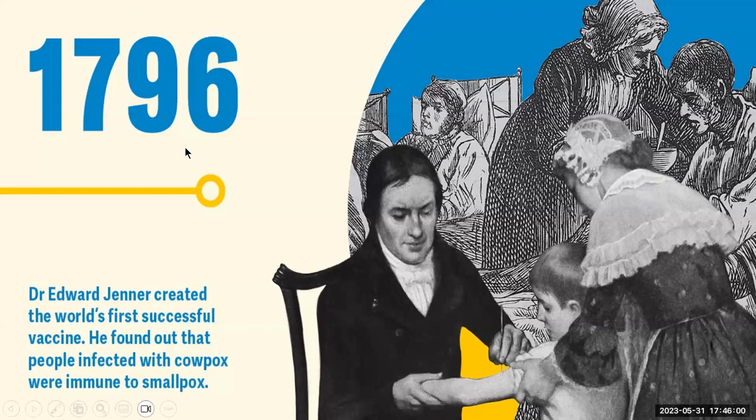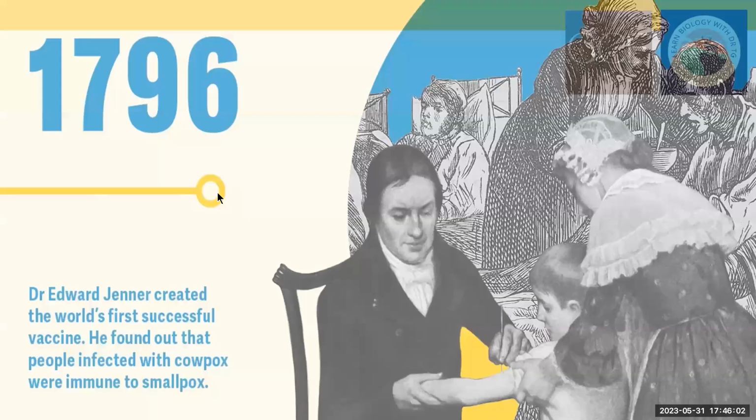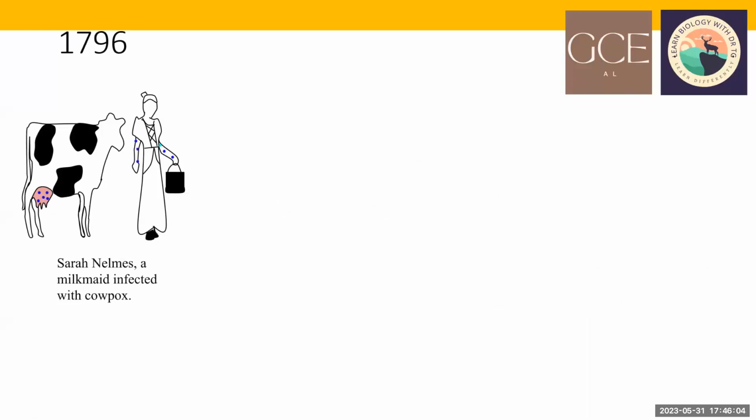around this house, around this neighborhood, a lady, the milkmaid, the lady who is going to take milk from the cows, it's called a milkmaid, Sarah Nelms. She's infected with cowpox.